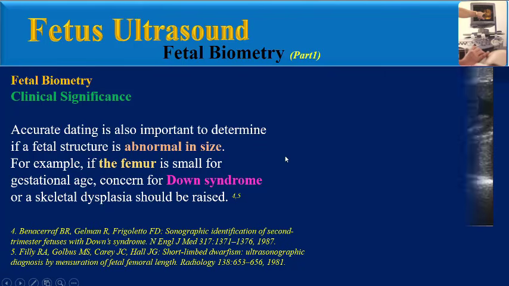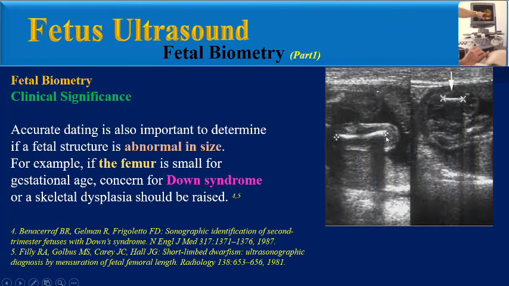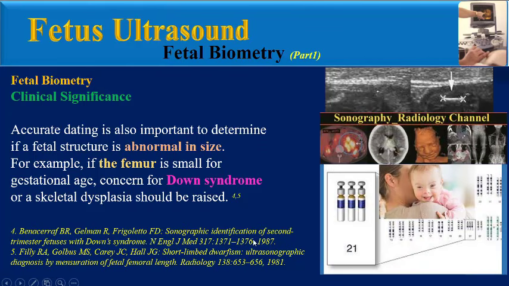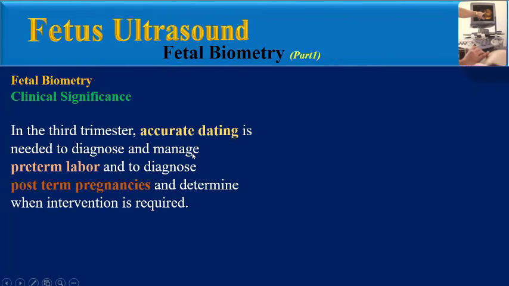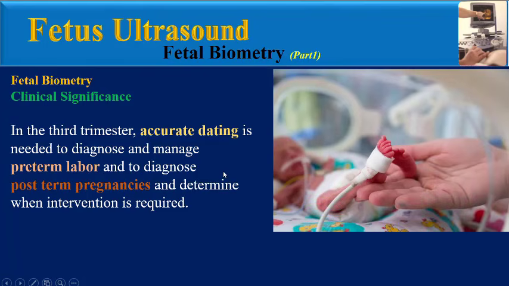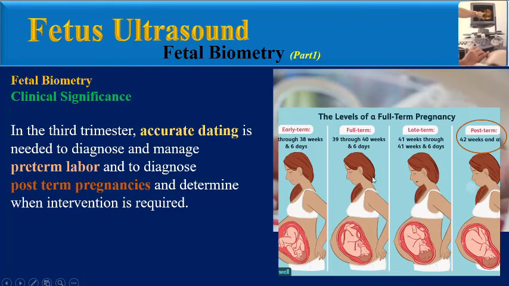For example, if the femur is small for gestational age, concern for Down syndrome or a skeletal dysplasia should be raised. In the third trimester, accurate dating is needed to diagnose and manage preterm labor and to diagnose postterm pregnancies and determine when intervention is required.